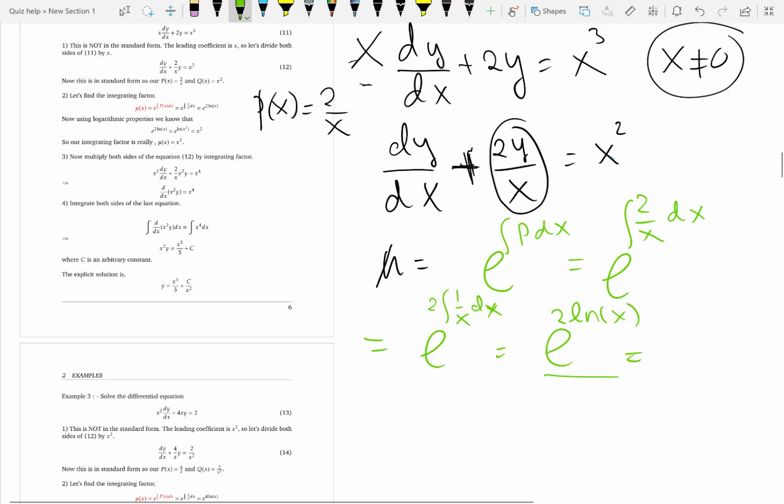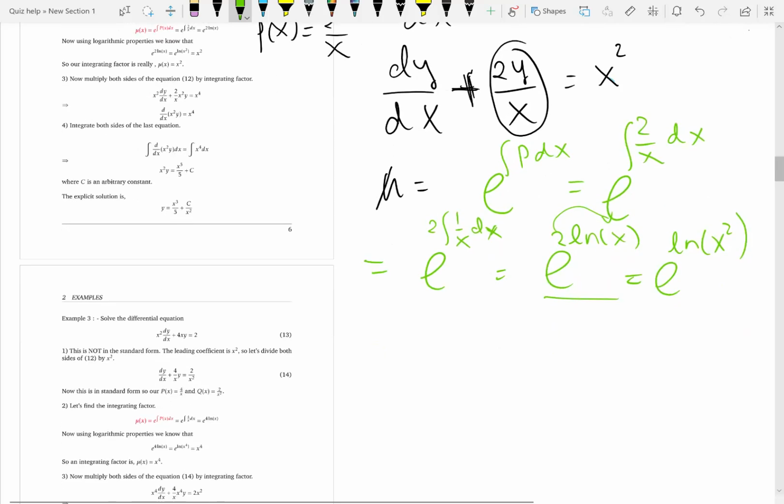Using logarithmic rules, we can rewrite this integrating factor as e to the natural log of x squared. How did I get x squared? I took this 2 to the inside of the natural log by logarithmic rules. So we get e to the natural log of x squared. Now, as we saw in the last quiz, we can write e to the natural log of x squared as x squared, again by logarithmic rules.